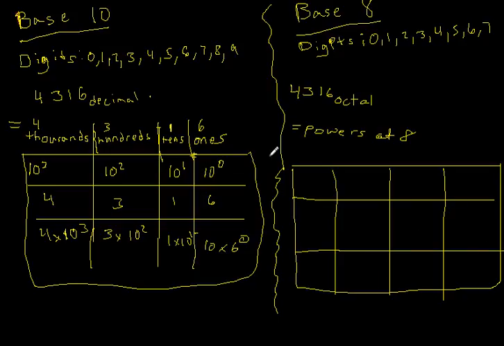Now I can begin to look at my base 8 system. For starters, we're looking at the ones first. So I'm going to say I have 6 ones. Let's look at the powers of 8. 8 to the 0 power equals 1. 8 to the second power equals 64.